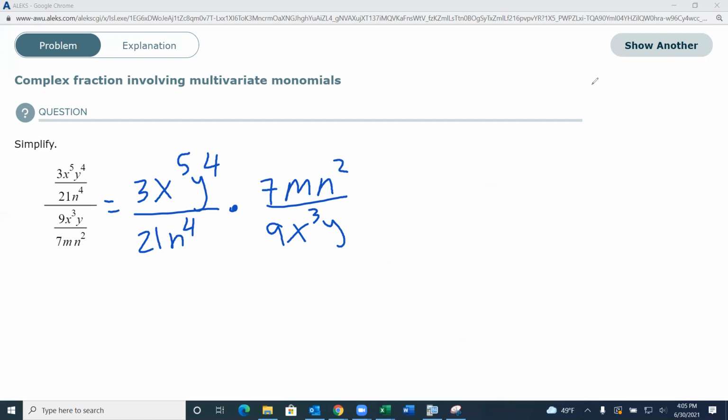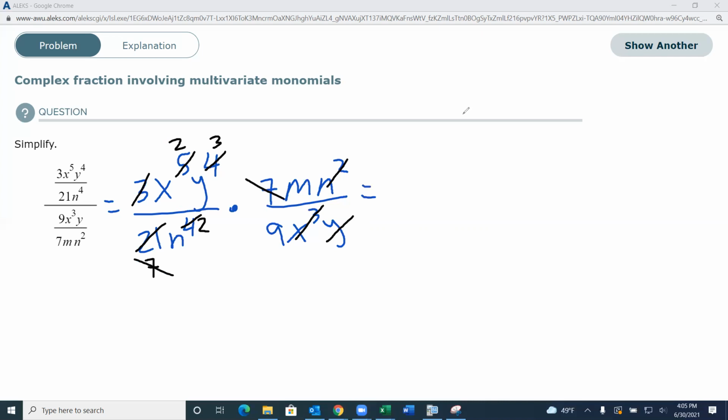So now that it's multiplication, we can start canceling stuff where appropriate. For example, I can cancel a 3 right there. I could cancel a couple of n's. I could cancel 3 of the x's, 1 of the y's, and I think that's it. No, I can cancel these 7's.